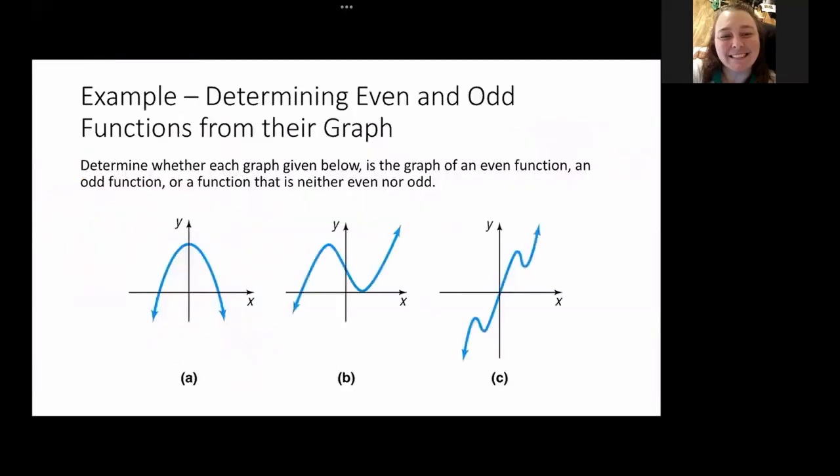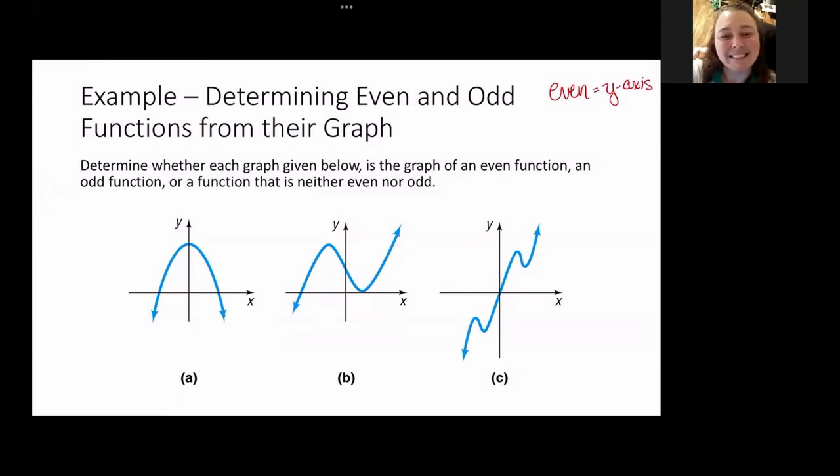So let's look at some examples of what this looks like. Here we go. We're going to do it by looking at these graphs. Determine whether each graph given below is the graph of an even function, an odd function, or a function that is neither. Okay, so on part A here, if you remember, I'm going to write up here in the corner, even is with respect to the y-axis.